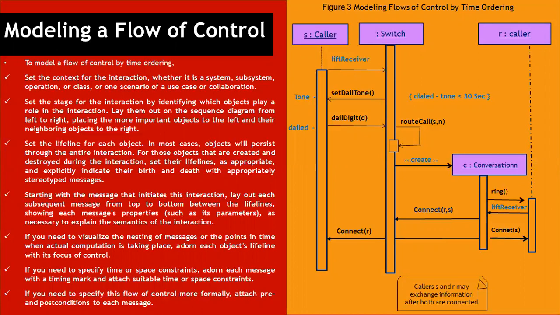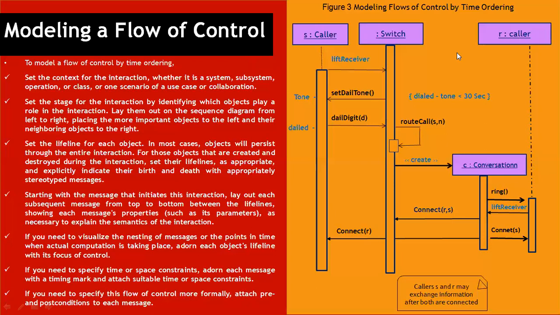Then we need to set the stage for the interaction by identifying which objects play a role in the interaction. Then we lay them out on the sequence diagram from left to right, placing the more important objects to the left and their neighboring objects to the right.